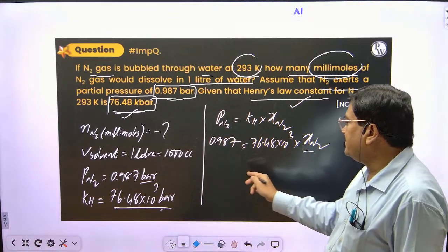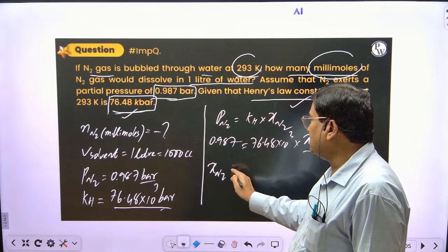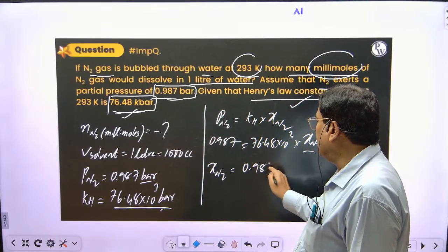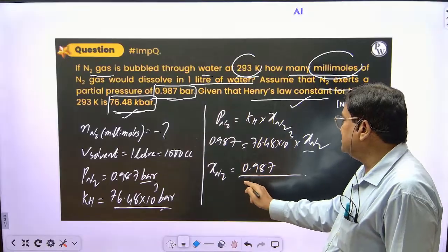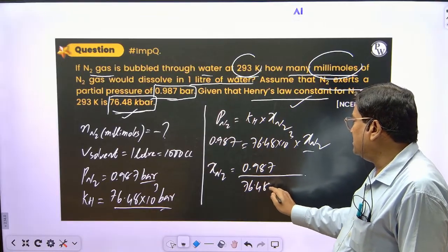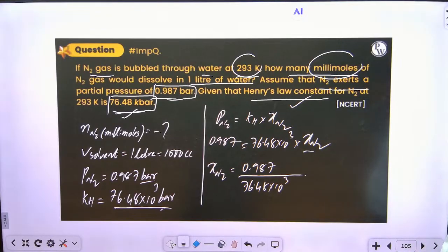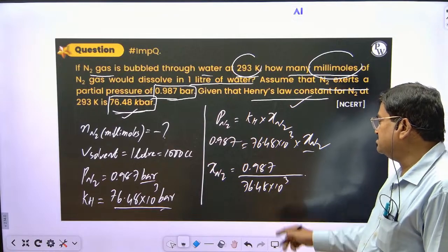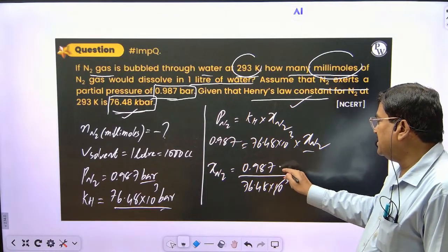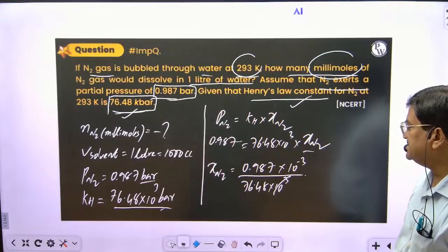Now bring mole fraction of nitrogen: mole fraction of nitrogen comes 0.987 upon 76.48 into 10 power 3. Now we have to simplify it. On simplifying, this 10 power 3 I am bringing to the numerator. This makes 10 power minus 3.